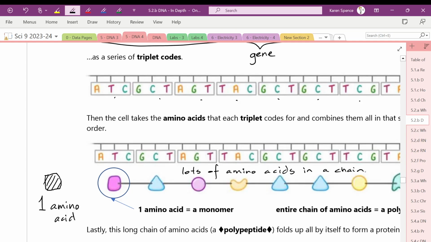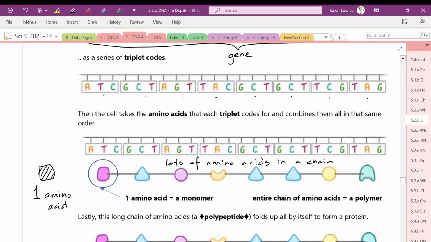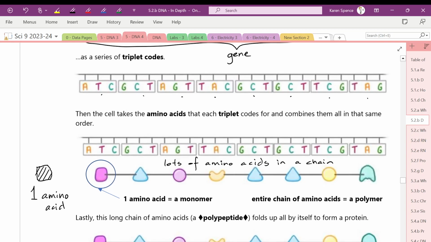Lots of amino acids in a chain. Does this remind you of anything? We have one thing, and then we take a whole bunch of those similar things and we string them all together in a chain and we stick them all together.